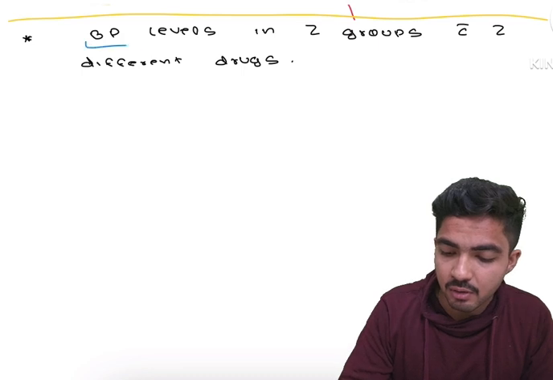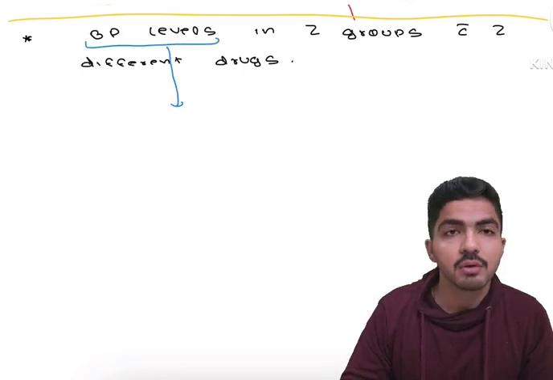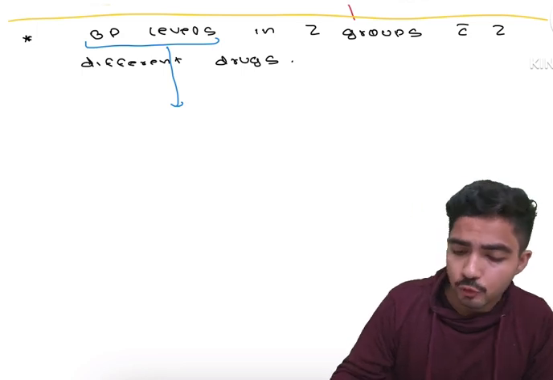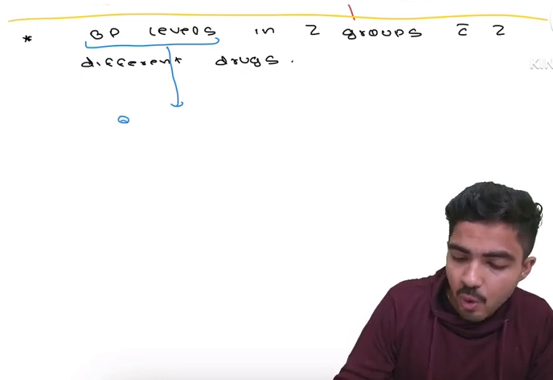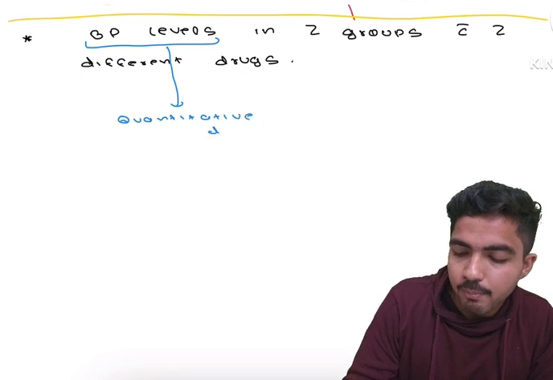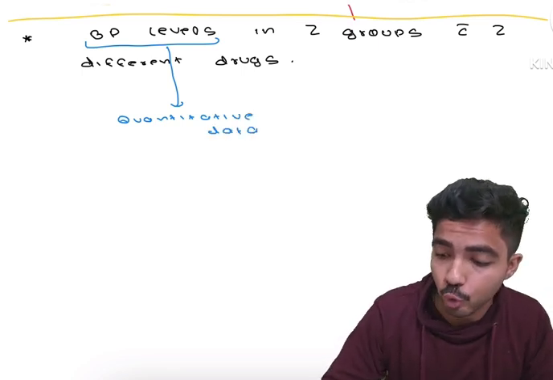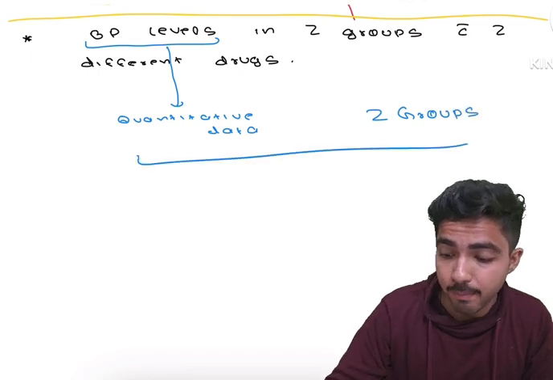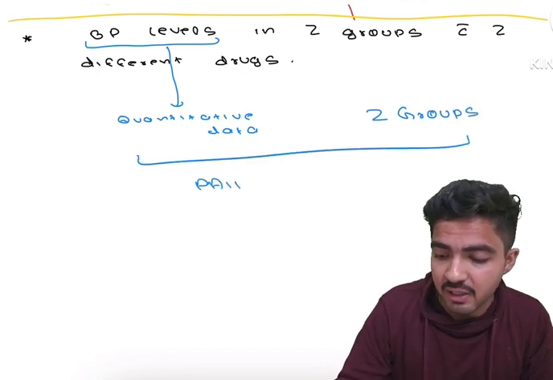BP level. You can calculate the mean very easily, mean BP. So it is a quantitative data. Number of groups, there are two groups. So the test which I have to apply is the paired t-test. Very easy.